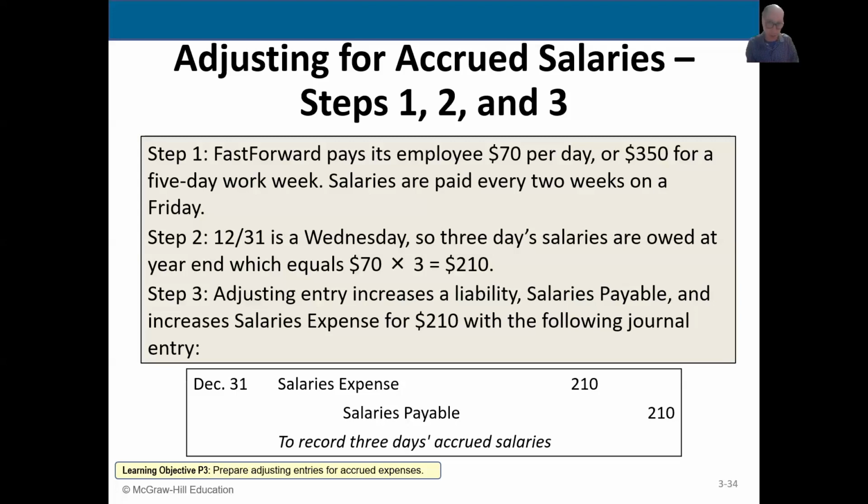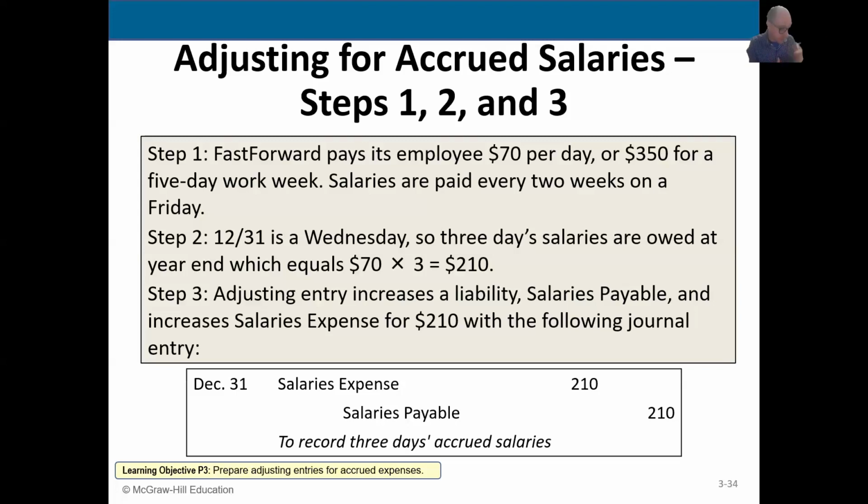So I make an adjusting entry. I debit salaries expense, $210. And I credit an account called salaries payable, $210. Salaries payable is an accrual account. It's a liability account that adds up the accrued wages for my employees.